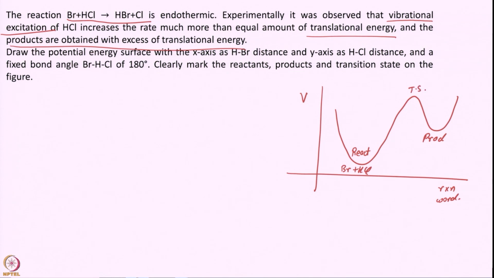Now, we are given extra information that vibrational excitation increases the rate more than translational energy. This implies the transition state is late, meaning the transition state is closer to products.